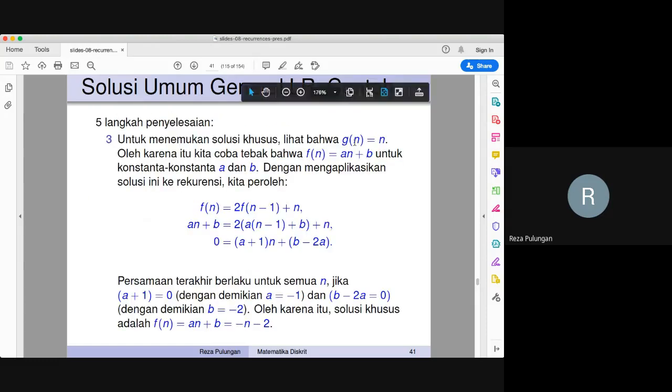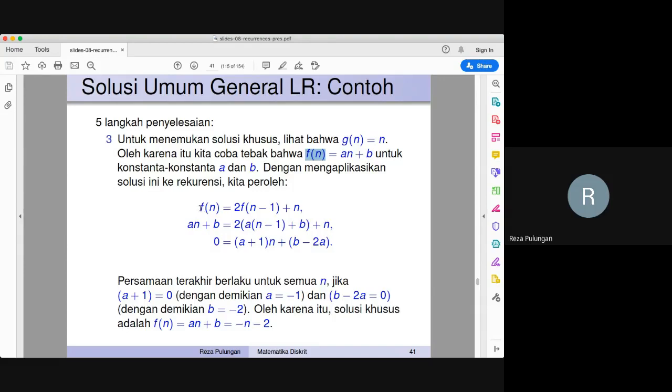If this is the case, according to the rule, I will guess that the solution is given by Fn is equal to An plus B. This is a linear function, A multiplied by n plus B. I don't know what the constants A and B are, but we are going to find out.